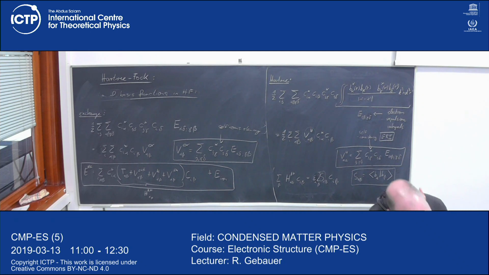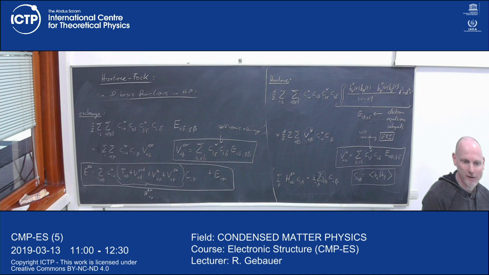Well, let me tell you the following. With Hartree-Fock, one gets nearly always more than 90% of the energies, even typically 95%. Very often even 98% of the energy. So you get really the largest part, more than 90% of the energy. So this is good, it's not a bad approximation.